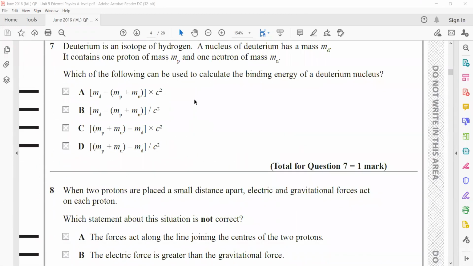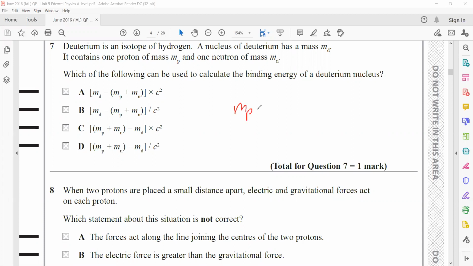Deuterium is an isotope of hydrogen. The nucleus of deuterium has a mass Md. It contains one proton of mass Mp and one neutron of mass Mn. Which of the following can be used to calculate the binding energy? Independently the particles will have more mass as compared to when they are inside the nucleus.